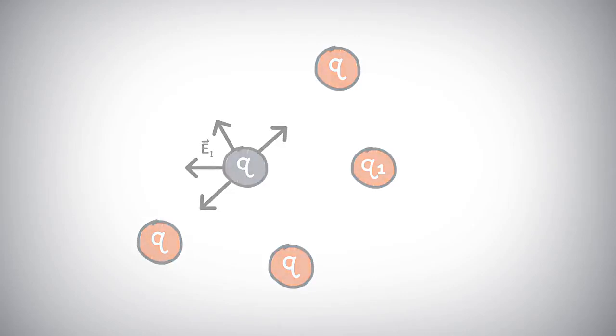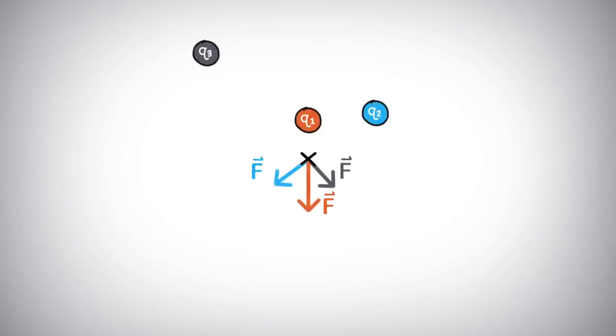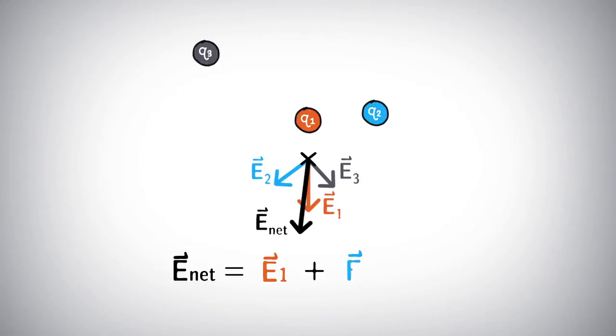Here's how. The key idea is that when the total electric field at a given location in space arises from multiple point charge sources, then the total electric field, or net electric field, total and net mean the same thing here, is just the vector sum of the electric fields of each point charge source acting at that same location.